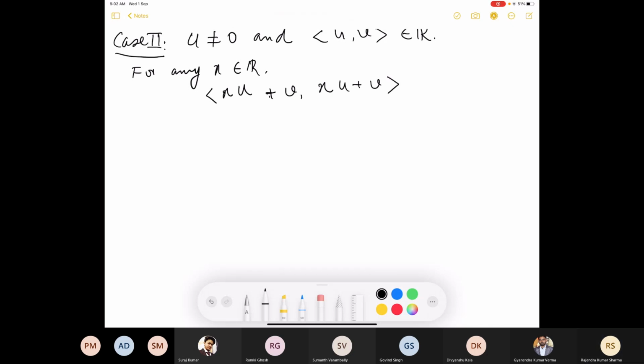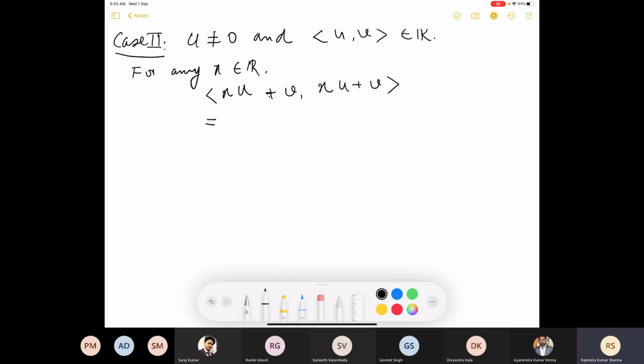This becomes, recall that beta is 1, and the lemma that we have just now proved, that alpha u plus beta v inner product with itself is alpha alpha bar u comma u plus alpha beta bar u comma v plus alpha bar beta v comma u plus beta beta bar v comma v.